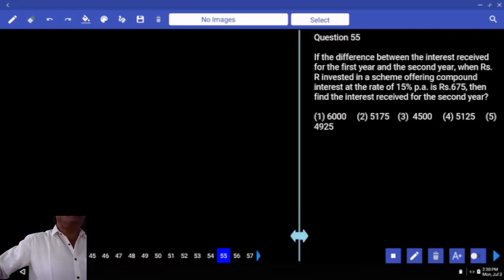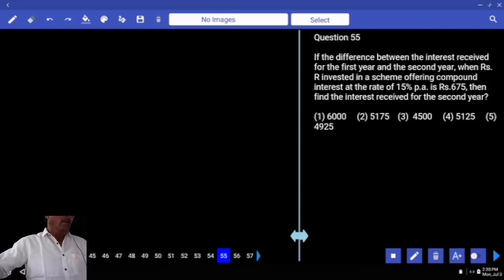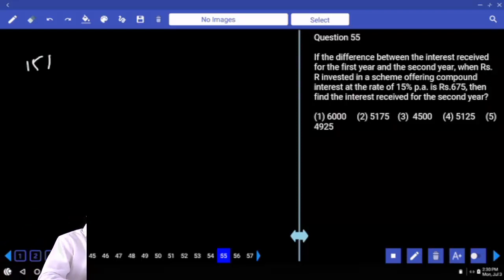Shall I ask you a simple question? What is 675? Difference between simple interest and compound interest? Is it so? No. Compound interest for the first year and compound interest for the second year. But there is no difference between simple interest and compound interest for a period of 1 year. The rate of interest is given as 15%.